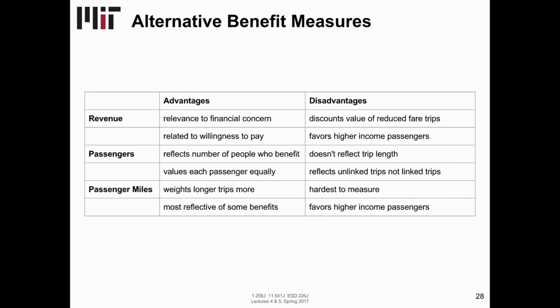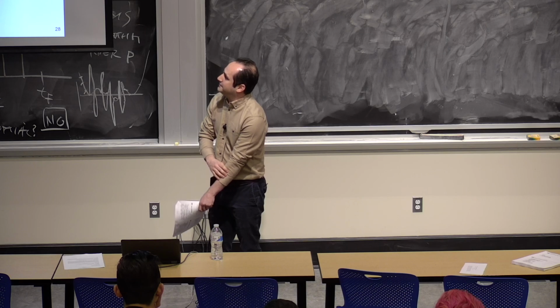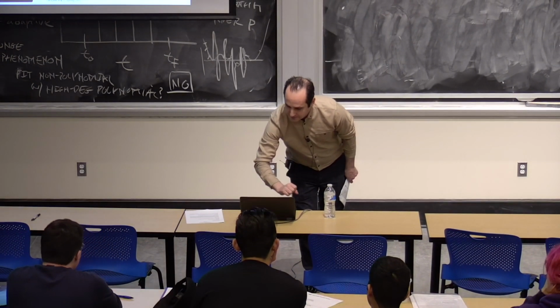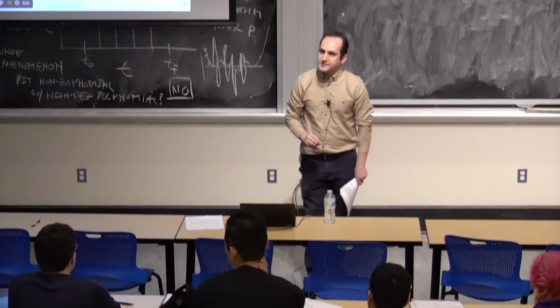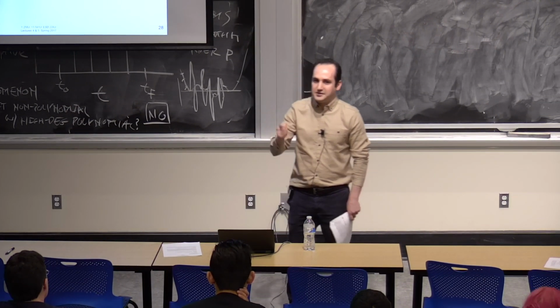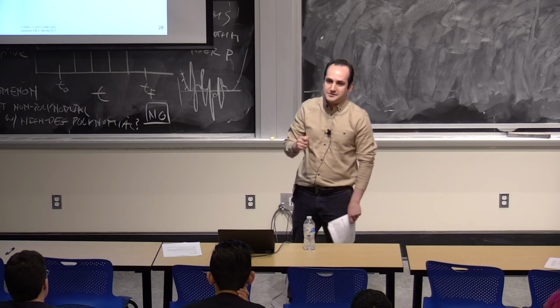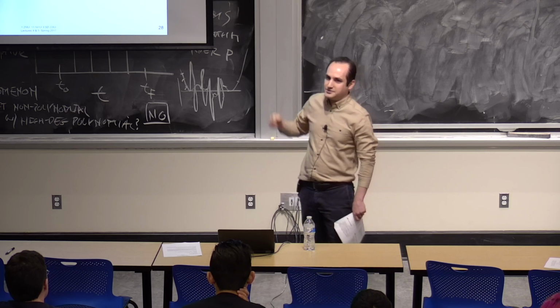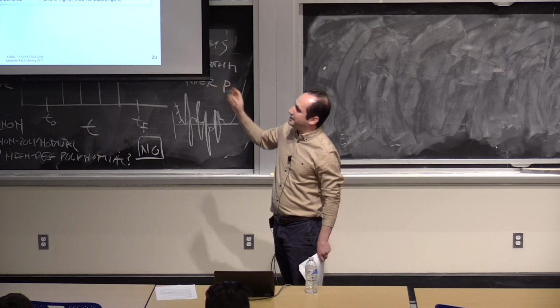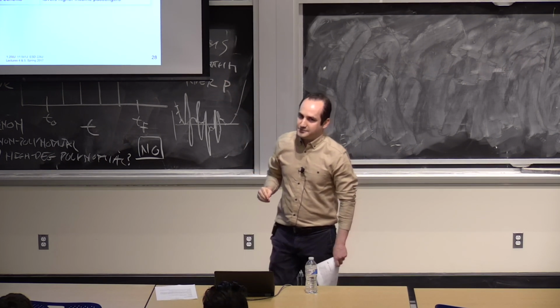It has the advantage that it weights longer trips more, and it's the best reflection of benefits related to mobility. However, it's hardest to measure. Does anyone have any comments about why passenger miles in the network is hardest to measure?